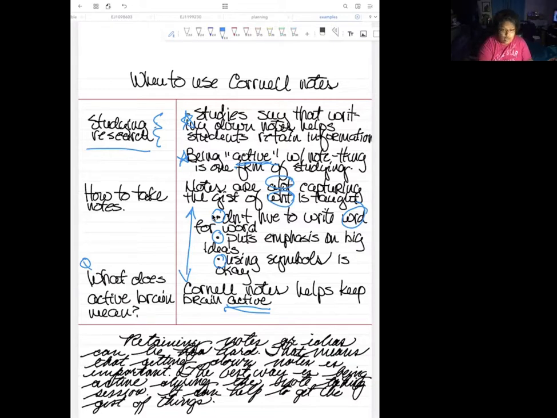So you want to send the professor a note, or maybe the next time you go to class, say you have a Monday, Wednesday, Friday class, you write this on Monday, you review it, and then you're prepared on Wednesday. First thing, professor, I have a question from the last lecture. When you said active brain, what do you mean? And so the professor can take some time and discuss this concept with you.